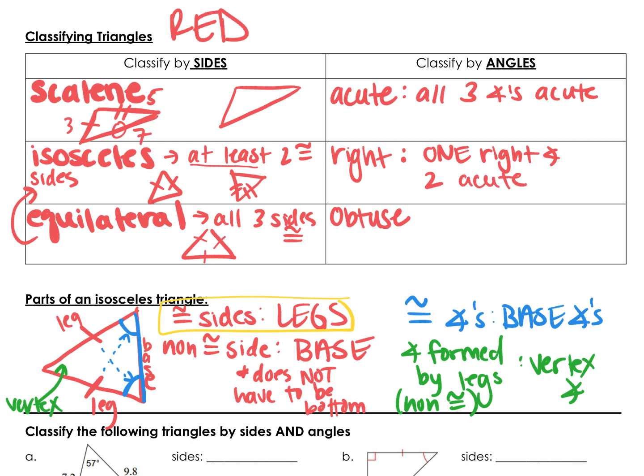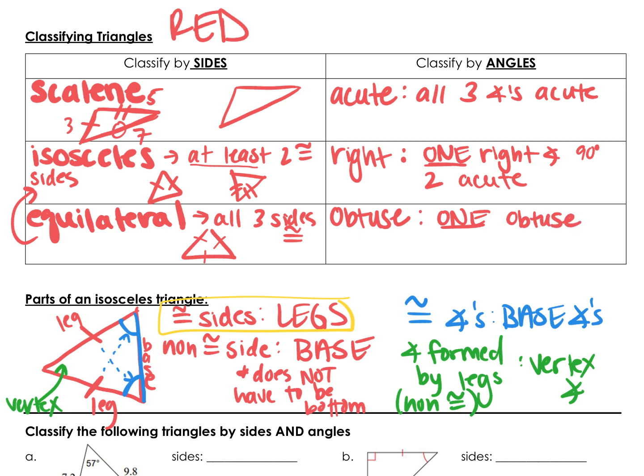We couldn't have more than one right angle because right angles are 90 degrees, and if we had another 90-degree angle on there, those two angles together would add to 180, so we wouldn't have room for a third angle. So if you have one right angle, you can only have two acute. And similar reasoning for obtuse. It's an obtuse triangle if there is one obtuse angle.